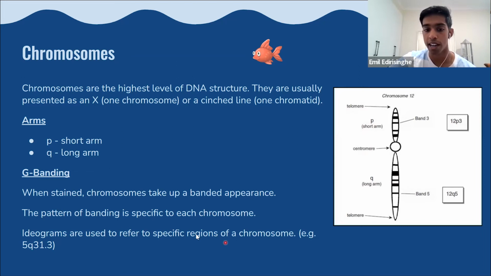As a result, you can point out every specific region on any chromosome in a human body or in an animal by specifying which arm it's on and which location it's on as well. For example, here you've got 12p3, which tells you that it's chromosome 12, on the P arm, and band 3. Furthermore, you can go even further in detail, and there can be parts of these bands that people know cause certain illnesses or certain conditions.